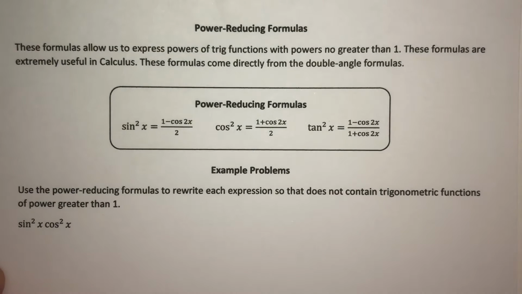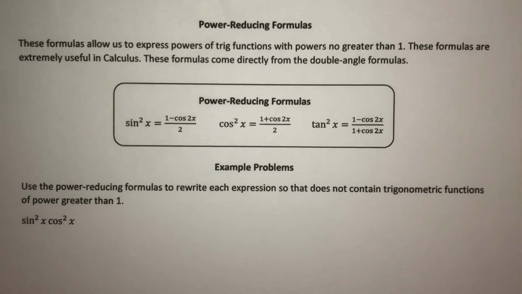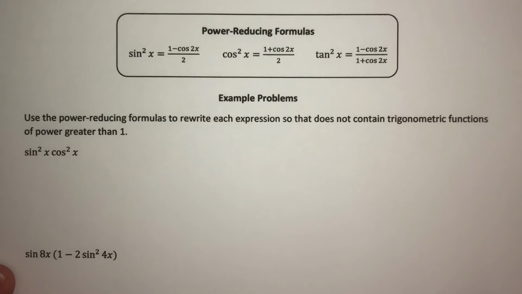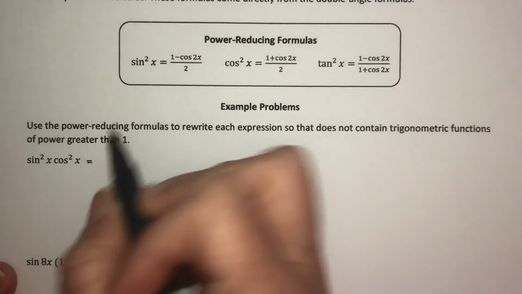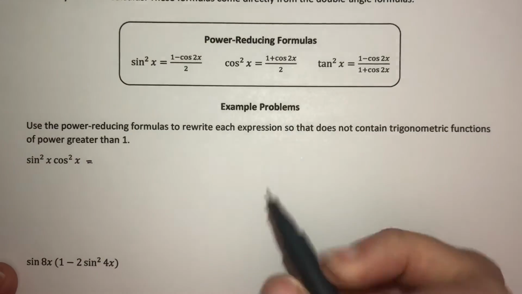Okay, so let's use the power-reducing formulas to rewrite each expression so that they do not contain trig functions of power greater than 1. If I want to rewrite sine squared times cosine squared, I'm going to write it like this.